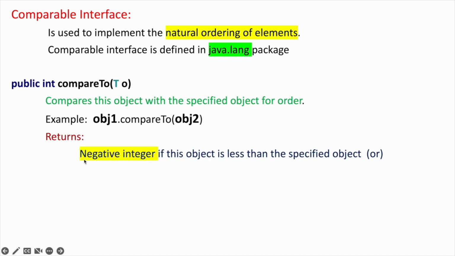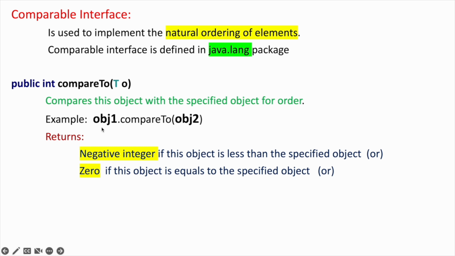This method returns a negative integer if the object is less than the specified object. If object 1 comes before object 2, then this compareTo will return a negative integer. The compareTo method returns 0 if this object is equal to the specified object.